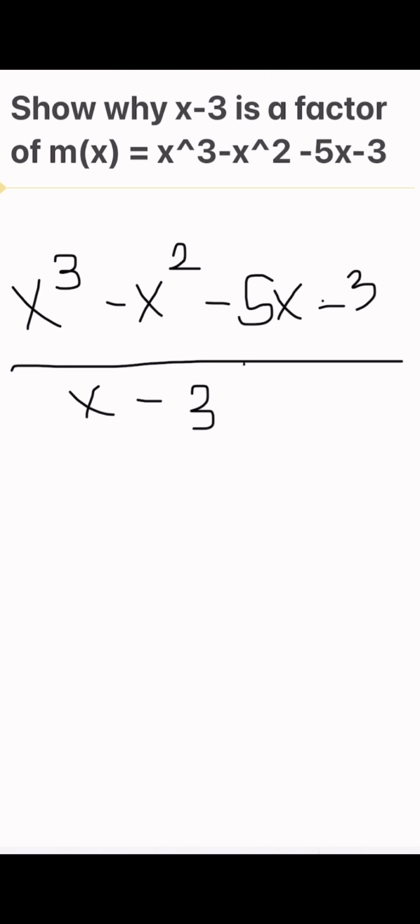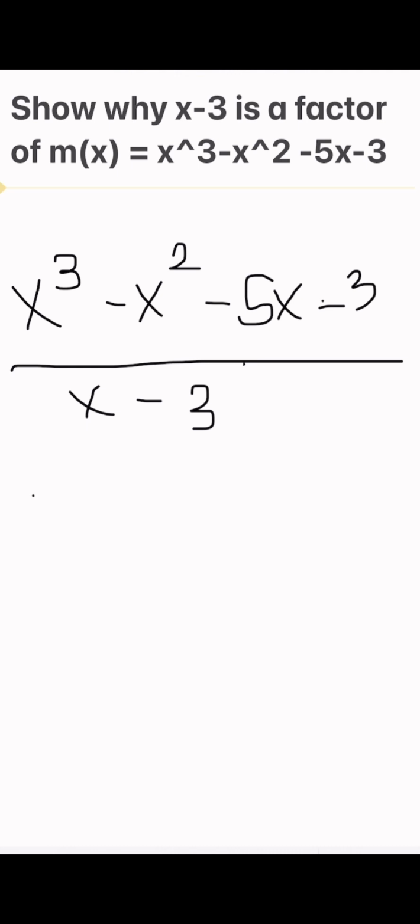So for this, if it's a factor, it doesn't have any remainder. But if it isn't a factor, it would have a remainder. So in this case, I will use the remainder theorem, which is to set the denominator equal to 0.